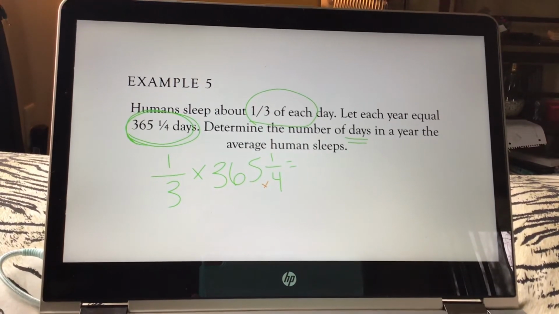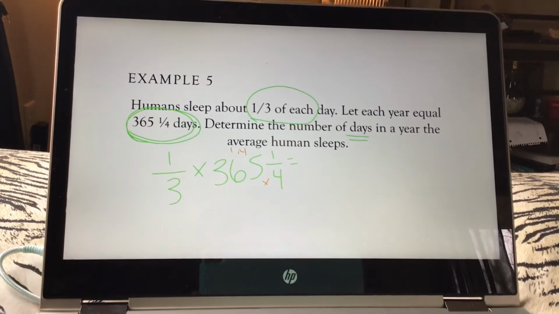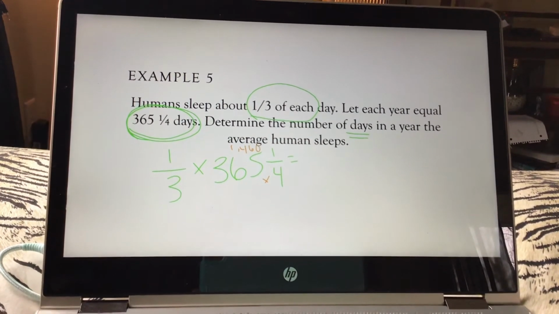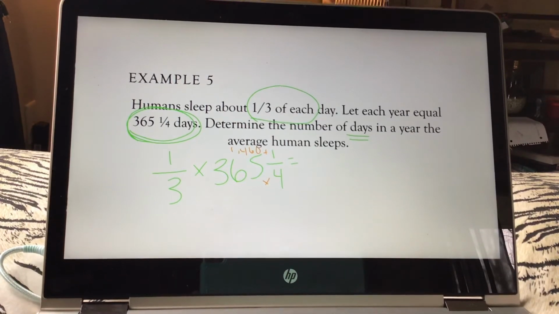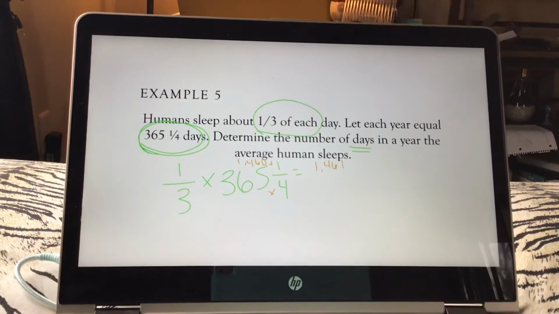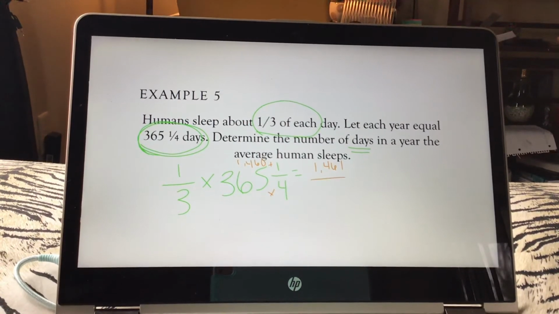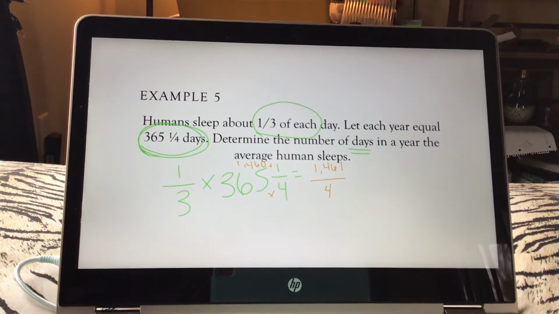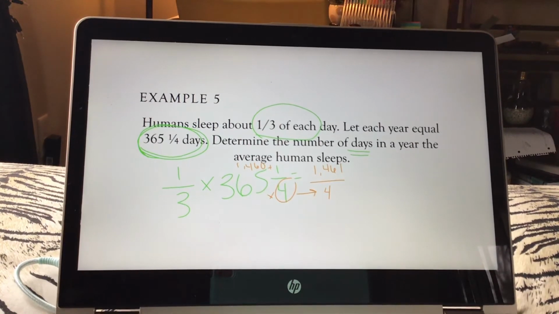You should get 1,460. Then we're going to add our 1 numerator at the top. We're at 1,461. We're going to keep our denominator the same of 4. So that comes over there.